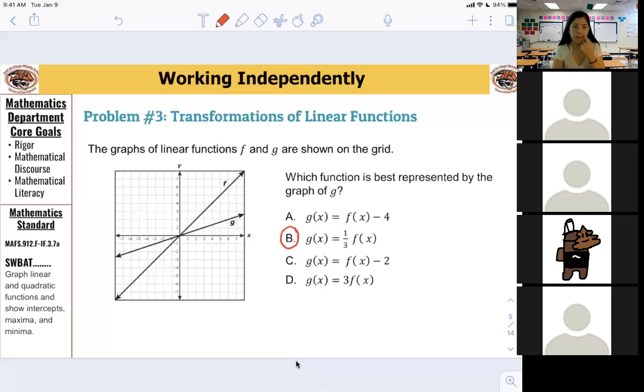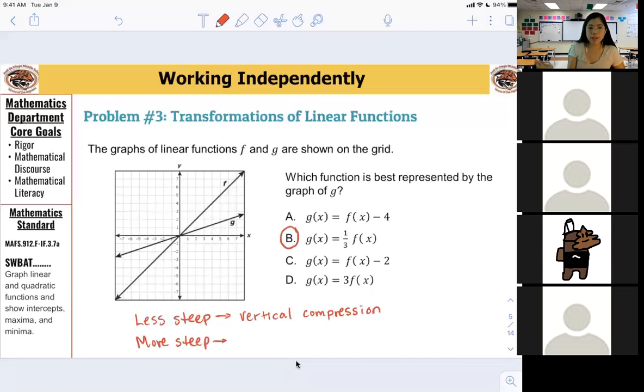Now, I wanted to go over something really quick on this one because you might see this on the test. I just want to make sure we understand the vocabulary. So less steep versus more steep, you guys might want to write this down in your notebook. So less steep, that's called a vertical compression.